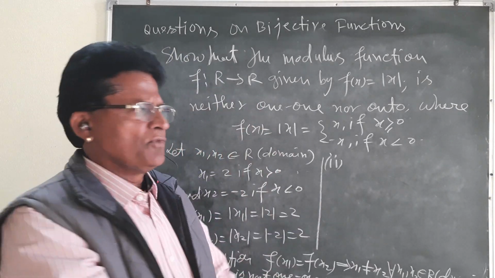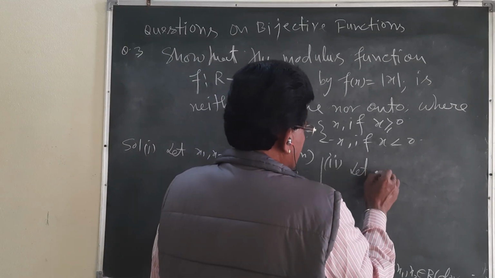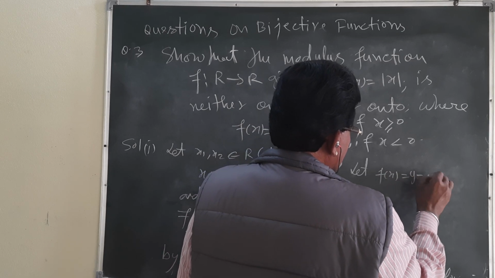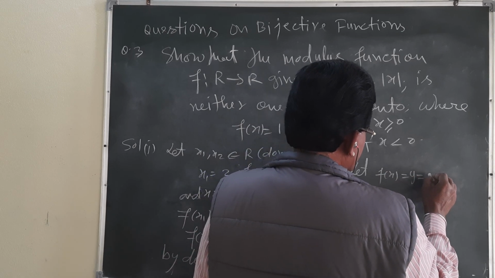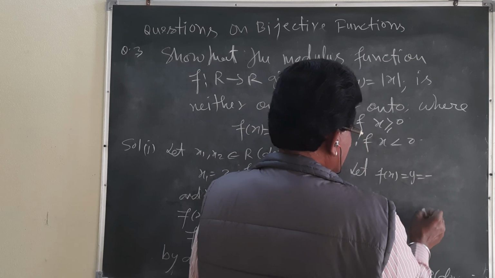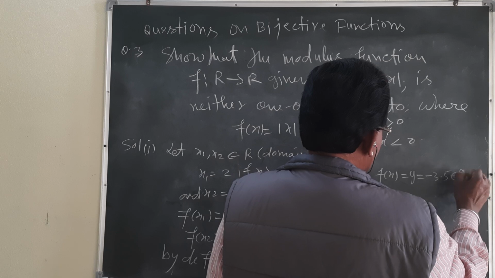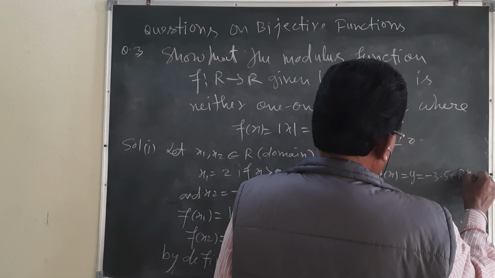Let me take a similar kind of thing. Let f(x), generally I use y, be, suppose, minus 3.5, whatever it will be, any real number from the codomain.